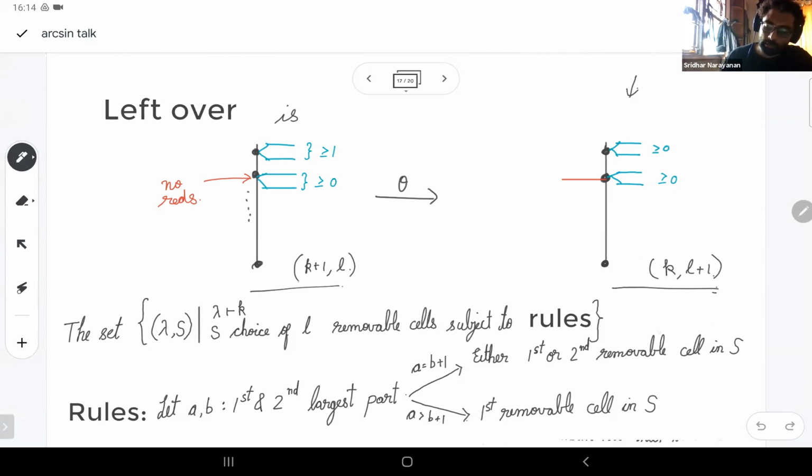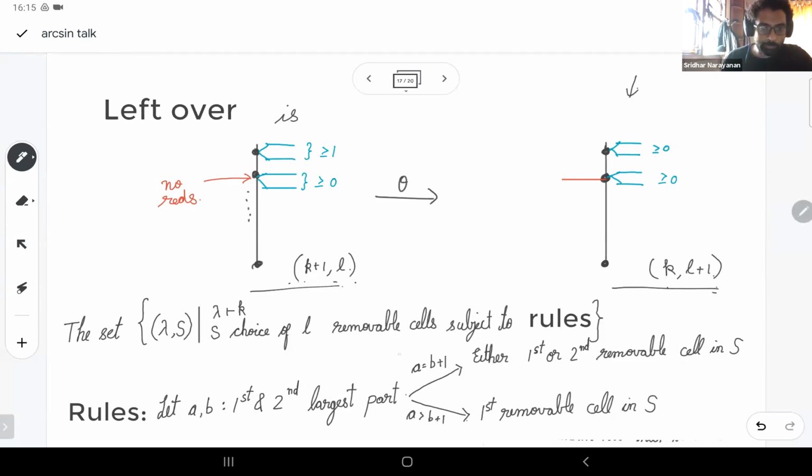The total size of this partition is K, and the number of red pieces is L plus 1. So we've gone from a partition of K plus 1 and L to one of K and L plus 1. And similarly, we interpret this again as a partition and a choice of distinct parts of the partition.